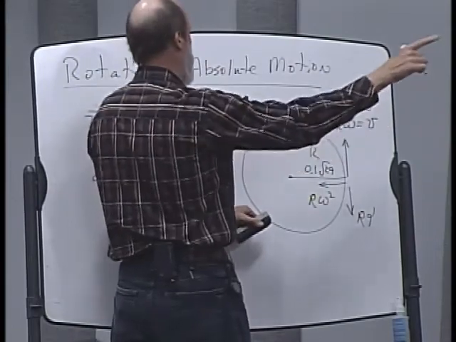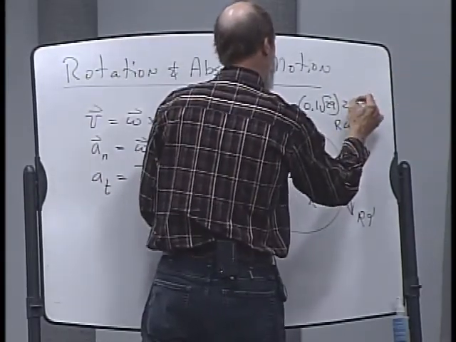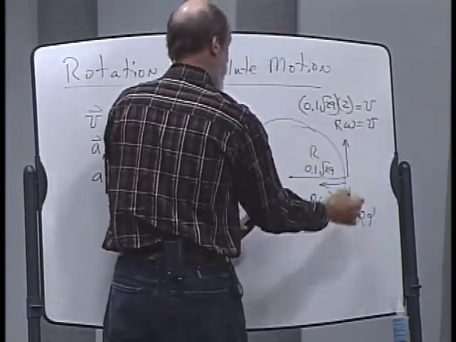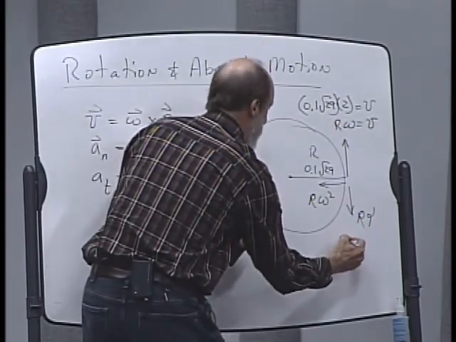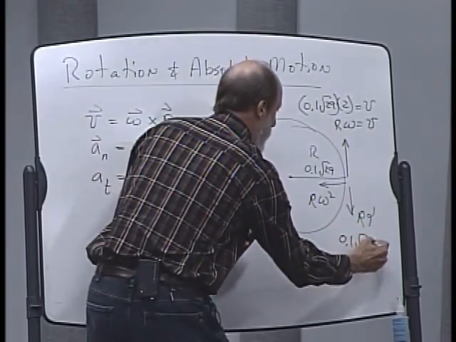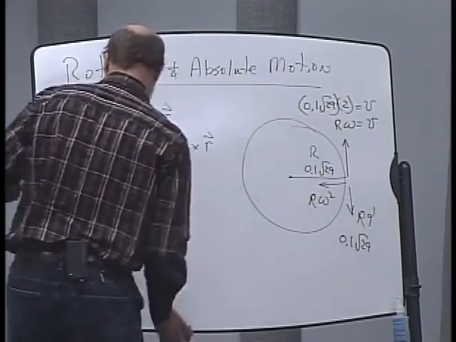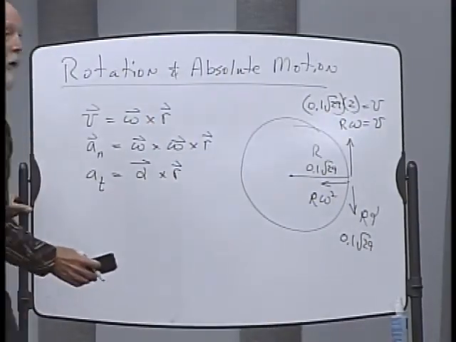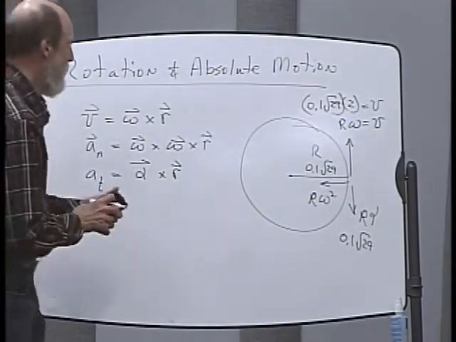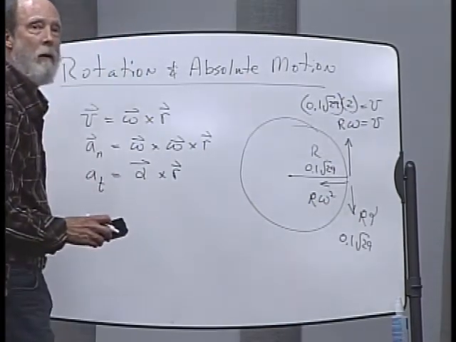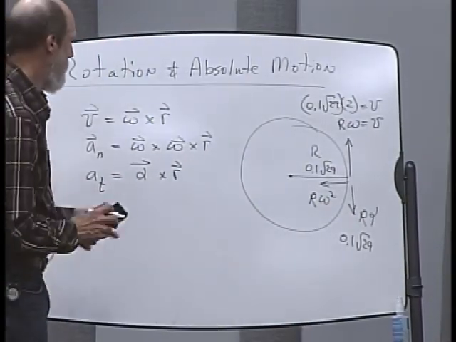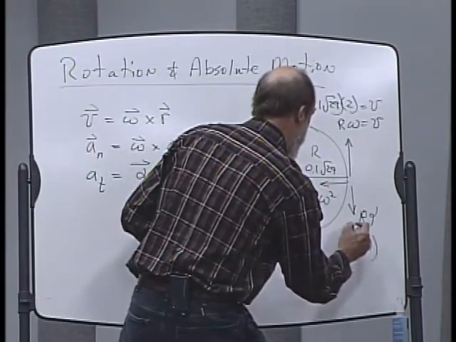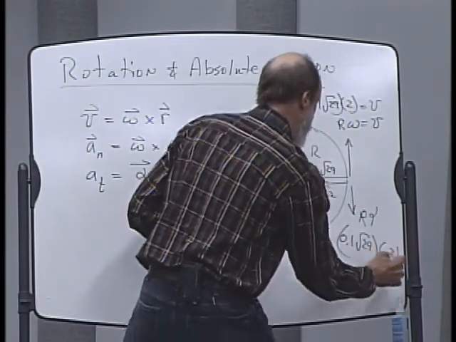times R omega, which was a 2. And then our R alpha is going to be the 0.1 square root of 29. Let me turn this around so you can see a little better here. There we go. Try to get the reflection off of that, times the alpha, which is the negative 3.